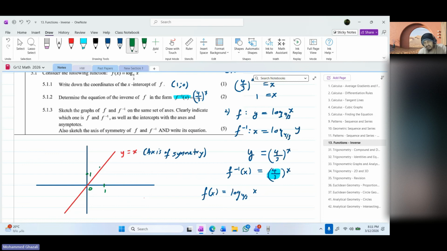Let's substitute x value as -1. 4 over 3 to the power -1, you can flip the fraction, it becomes 3/4, 0.75. It's a point there. All right, so I can see the graph is increasing, okay?